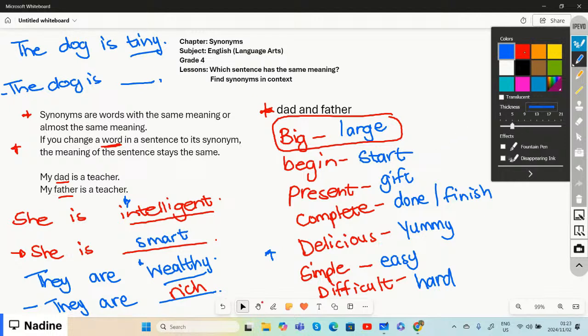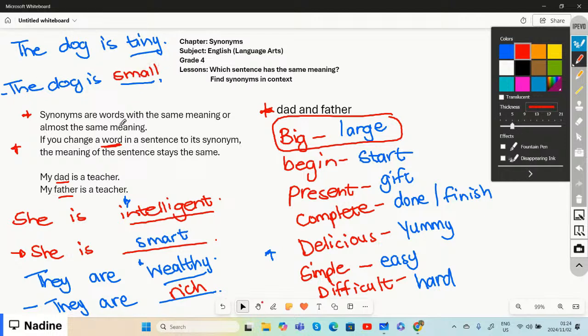So we can also say the dog is... Yes, and if we were to find the synonym of the word tiny, we can say the dog is tiny is the same as saying the dog is small.